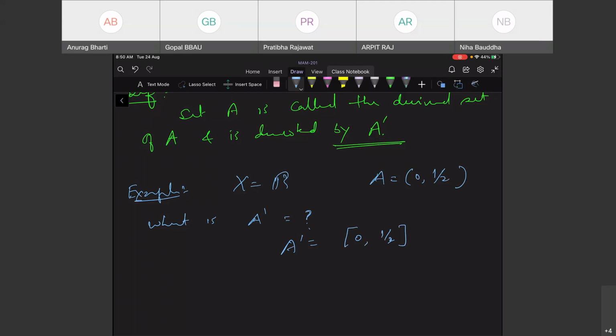So every point of A is a limit point. Why? Take any point.